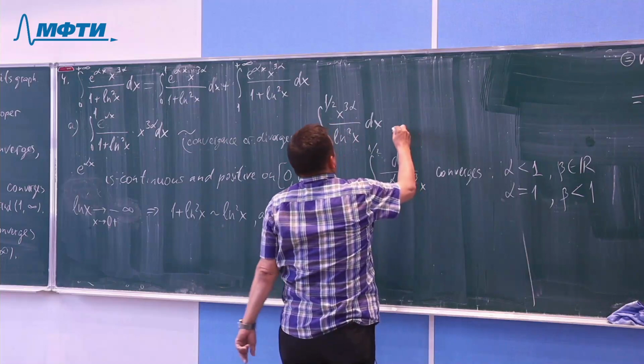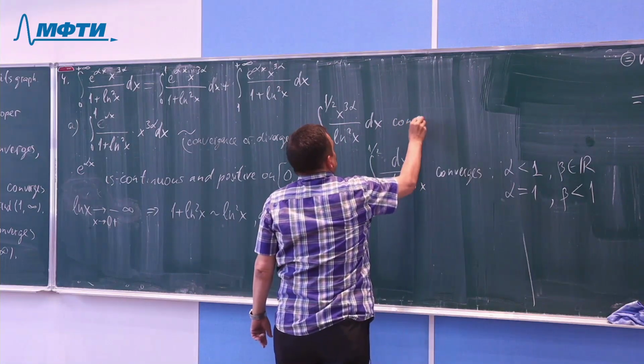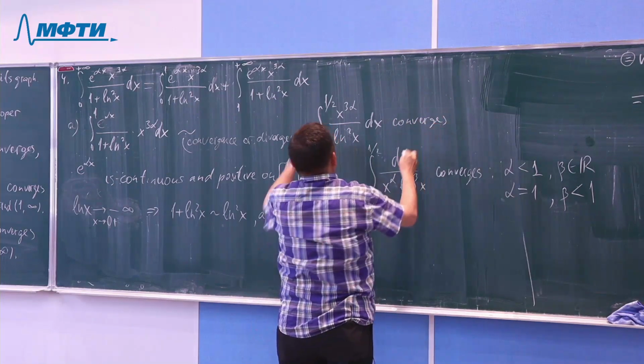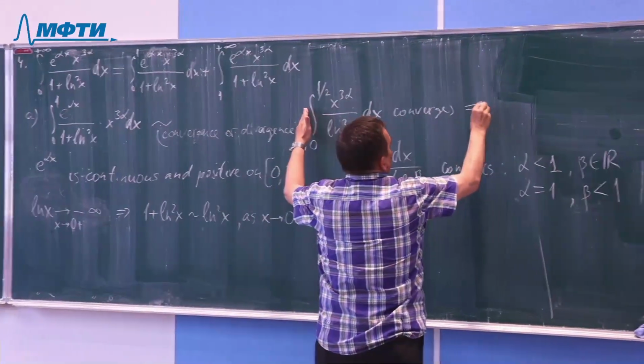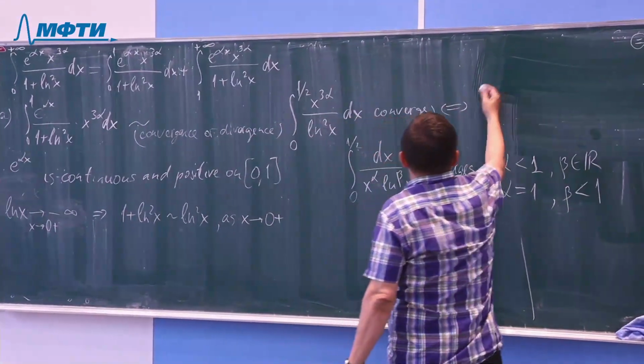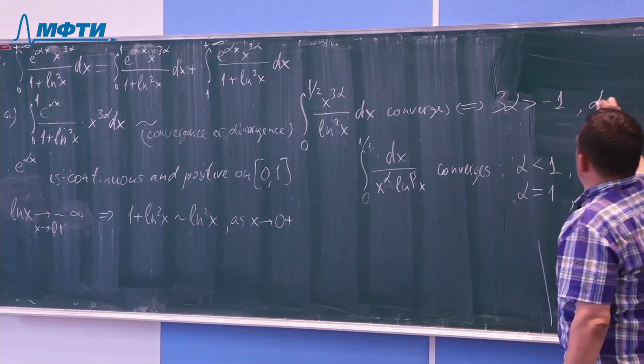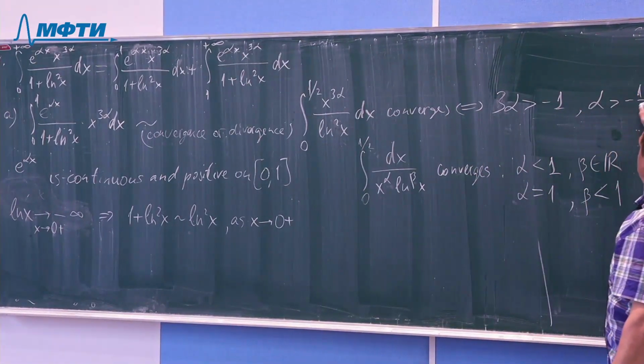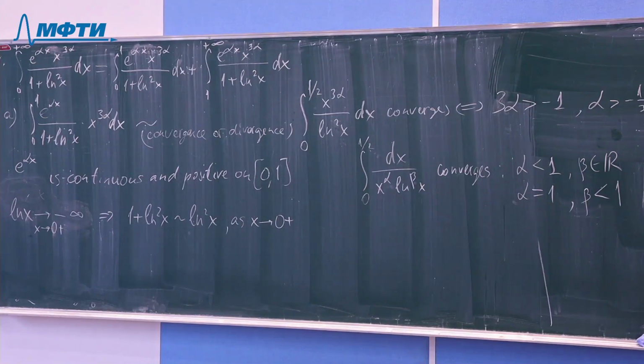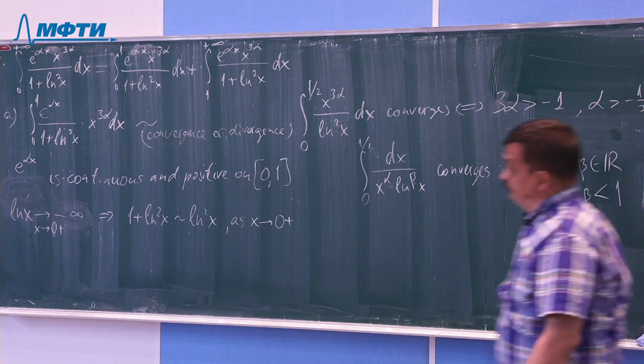So this integral converges if and only if 3 alpha is greater than -1, or alpha greater than -1/3.